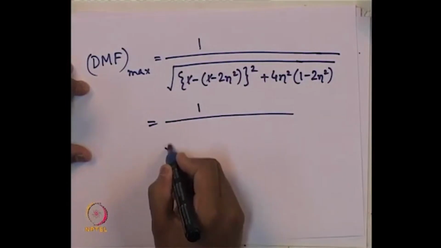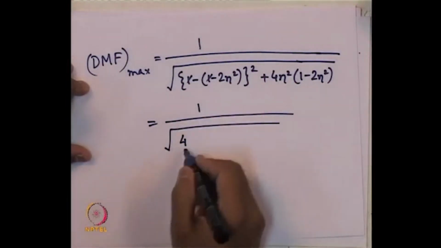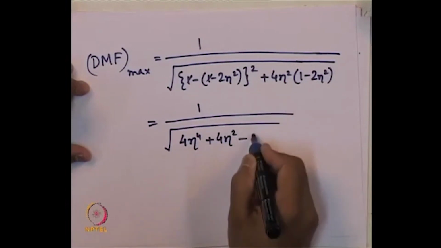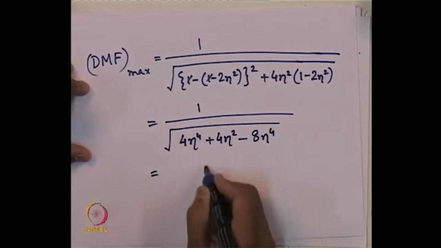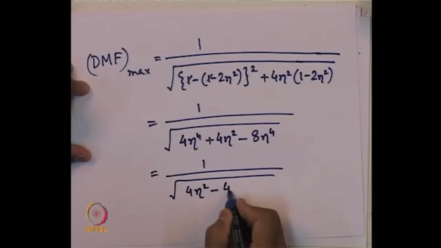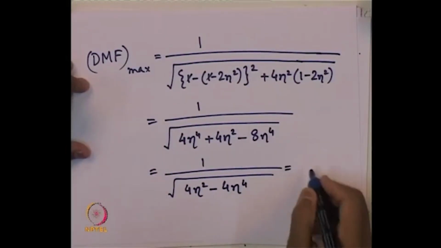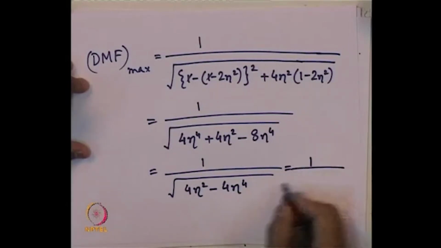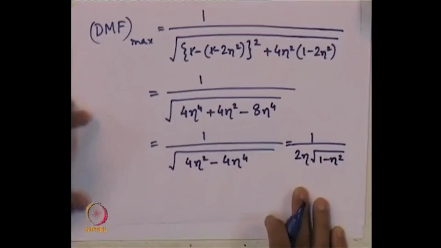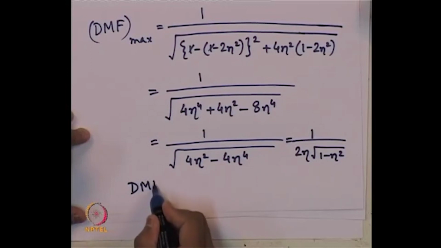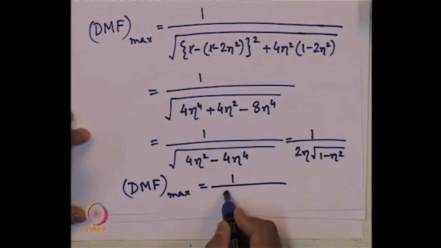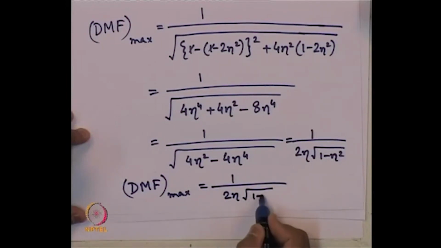So, that gives 4 eta to the power 4 plus 4 eta square minus 8 eta to the power 4, which is 4 eta square minus 4 eta to the power 4. I can take out 2 eta root over 1 minus eta square. Therefore, the expression for maximum dynamic magnification factor is 1 by 2 eta root over 1 minus eta square.